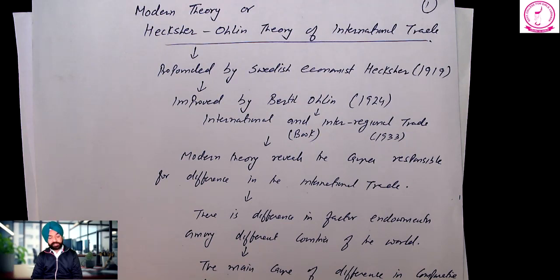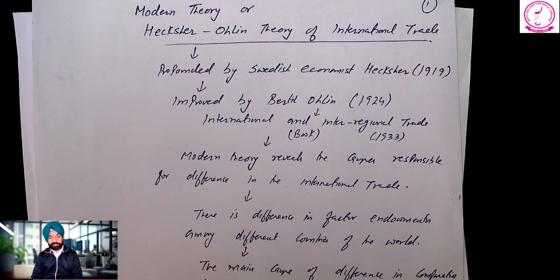Later on, it was improved by his disciple, his student Bertil Ohlin, in 1924. Then he wrote a book known as Inter-Regional and International Trade in 1933, in which he reveals the causes responsible for differences in international trade.